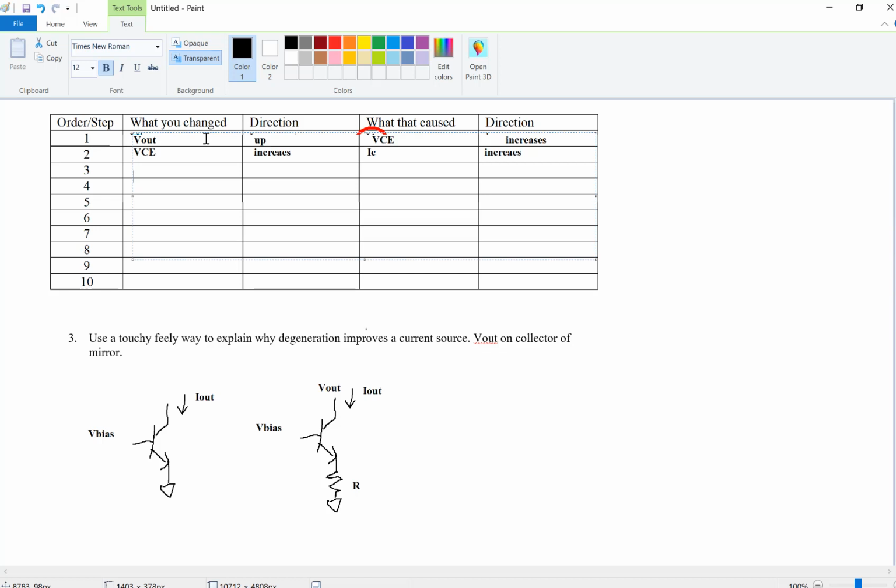And if IC increases, then IR, the current through the resistor, increases.